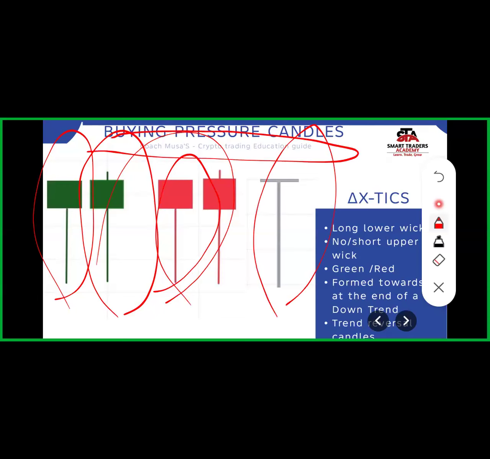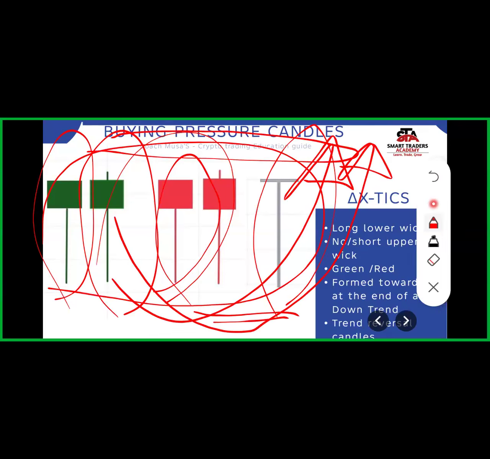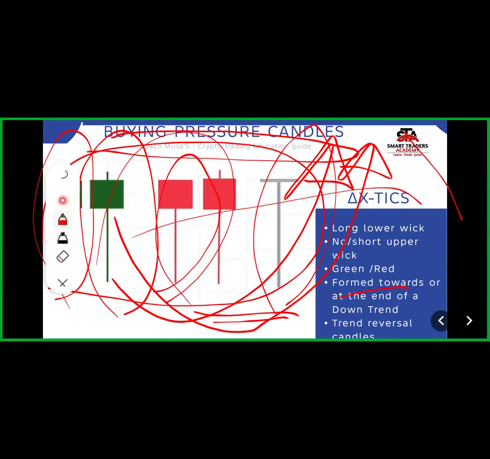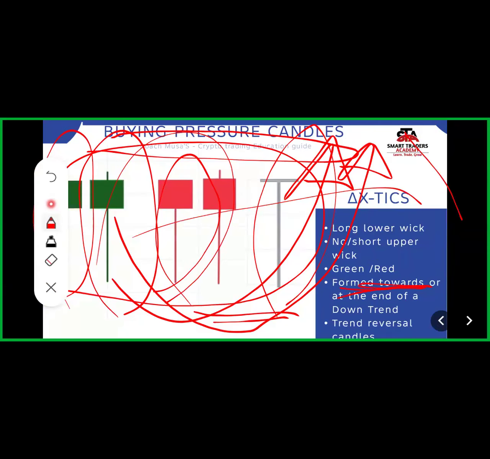So the significance there is understanding, when you see these kinds of candlesticks formed around a support zone, what is it signifying? It is signifying a potential reversal to the upside. That's the most significant thing. That's why in my description, I was saying it is formed towards or at the end of a downtrend.